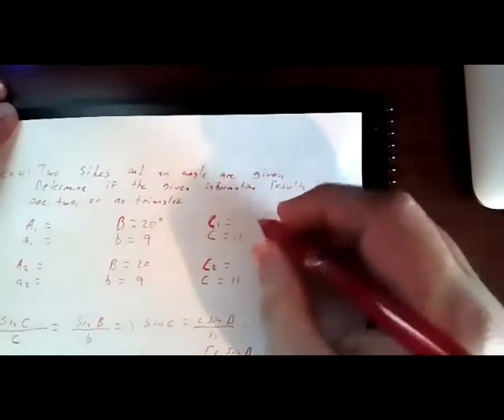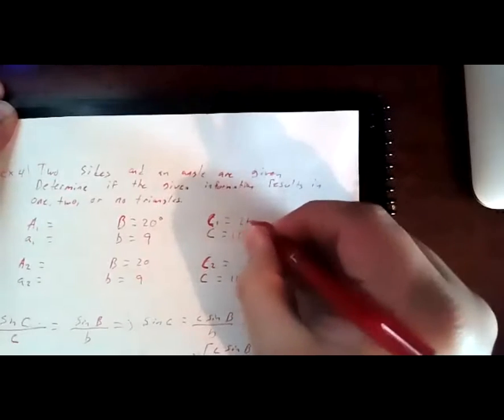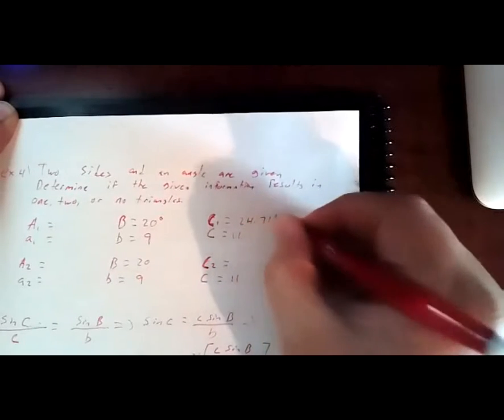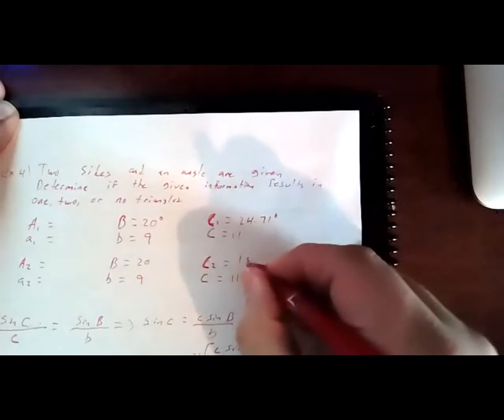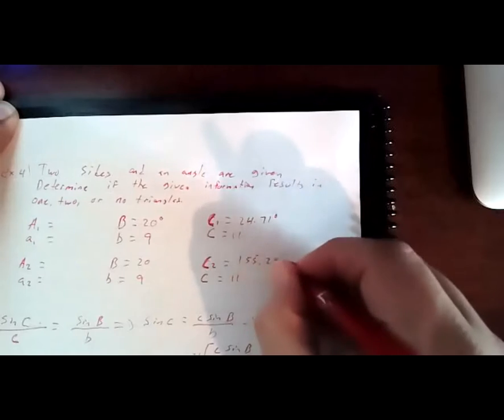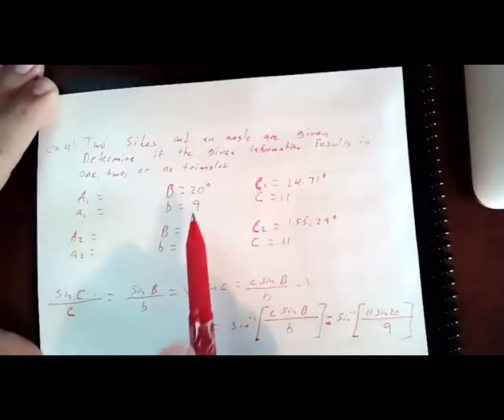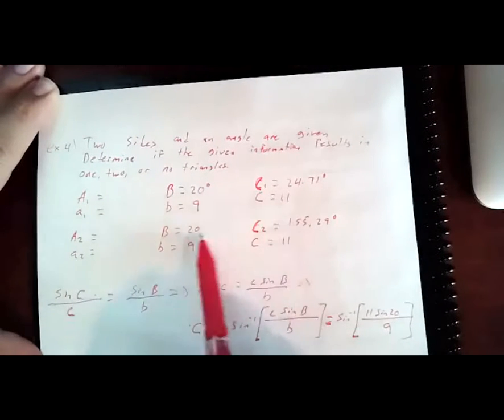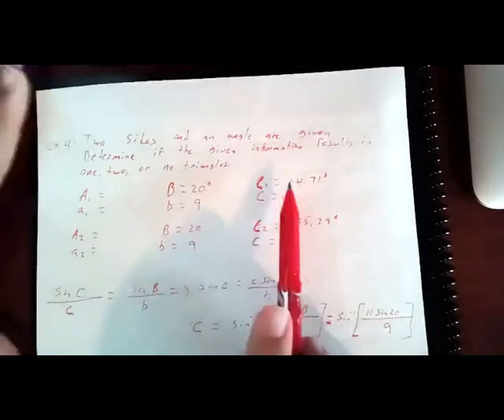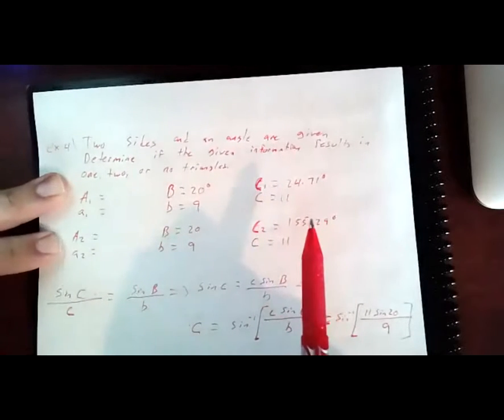Okay, so let's go ahead and do that. The first, C1, we said was 24.71 degrees. C2 was 155.29 degrees. So 180 minus both of these would give us two different A's, right?